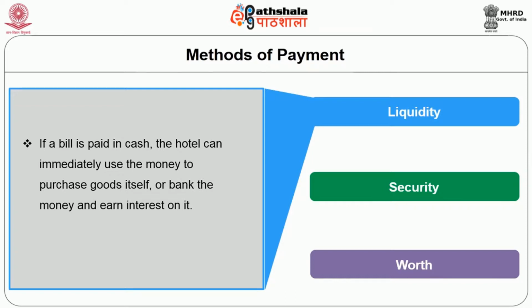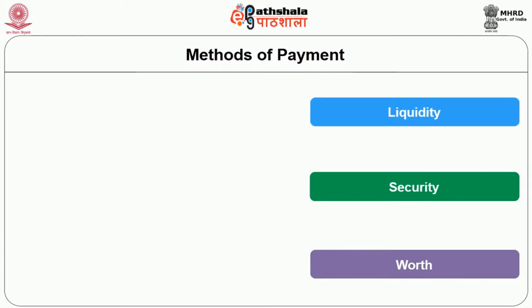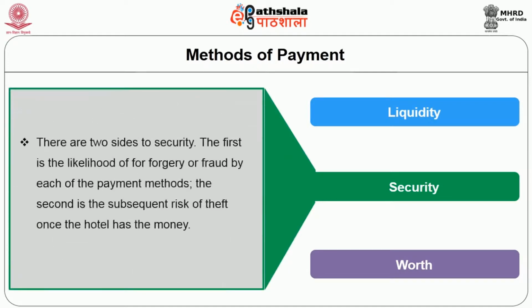And when we look into the security aspect of such transactions, there are two sides of security. The first is the likelihood of forgery or fraud in each of the payments that happen inside the hotel. The second is the subsequent risk of theft once the hotel has the money.